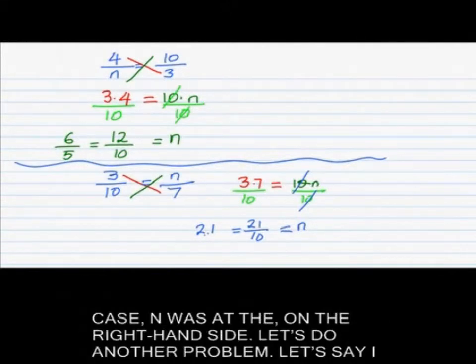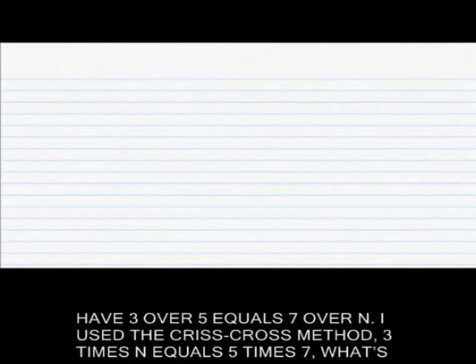So in this case, n was on the right hand side. Let's do another problem. Let's say I have 3 over 5 equals 7 over n. I use the crisscross method. 3 times n equals 5 times 7.